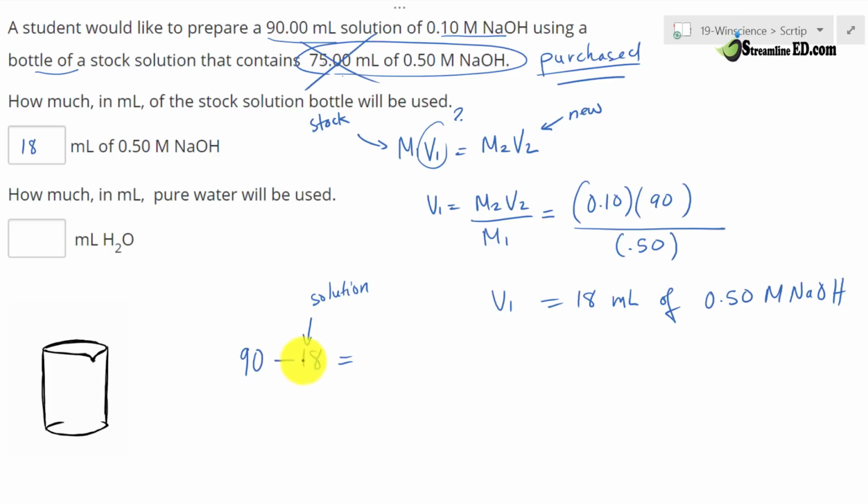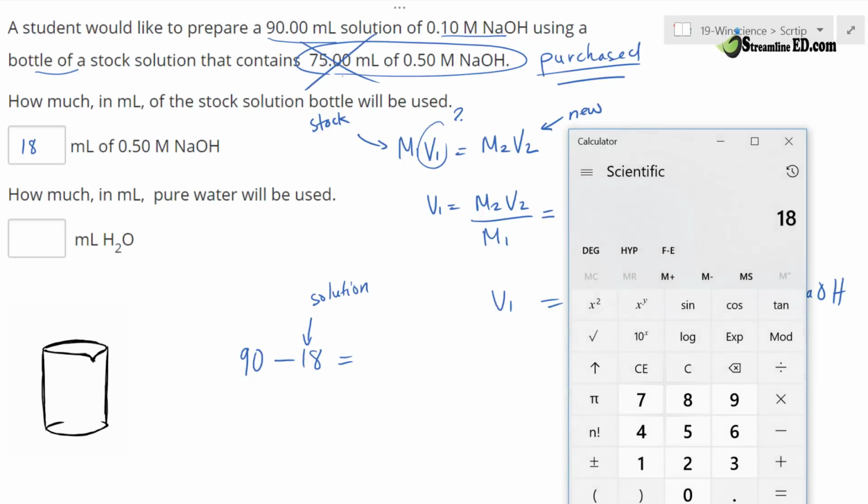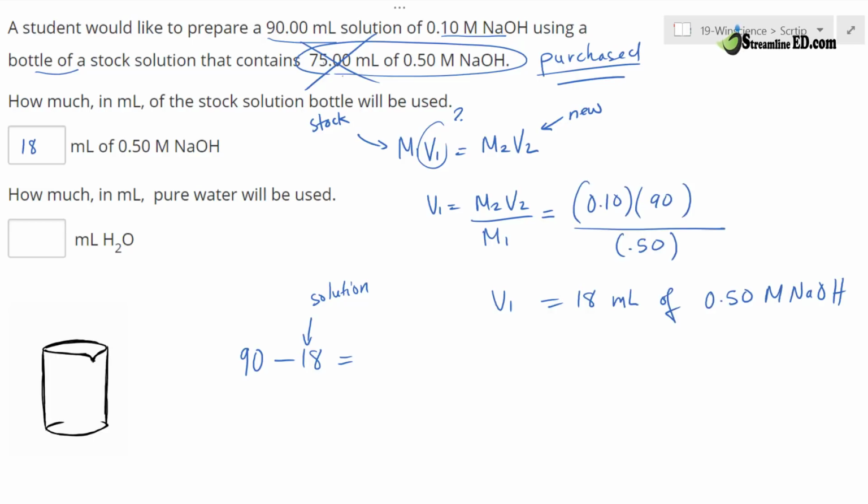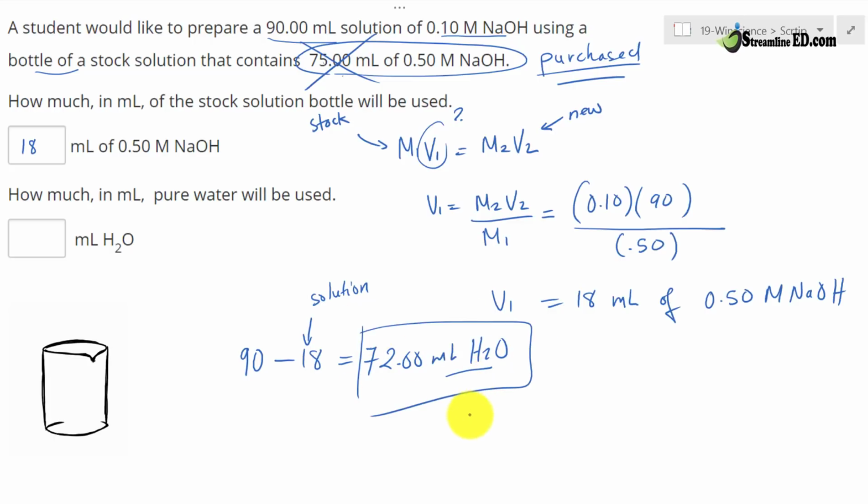For the leftover, all we have to do is subtract. What is 90 minus 18? Let's plug in the calculator. We have 72.00 milliliters of H2O. Why is this water? To make a solution or to dilute a solution, we can only use pure water. And therefore, this right here is 72.00 milliliters of H2O.